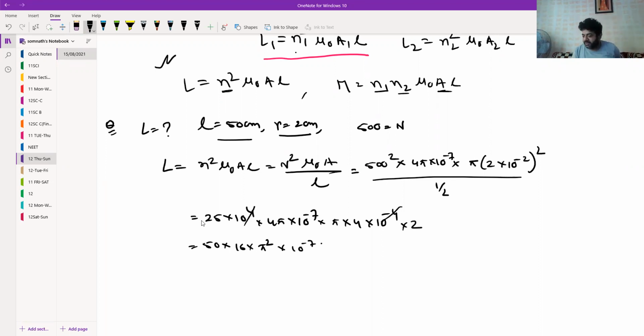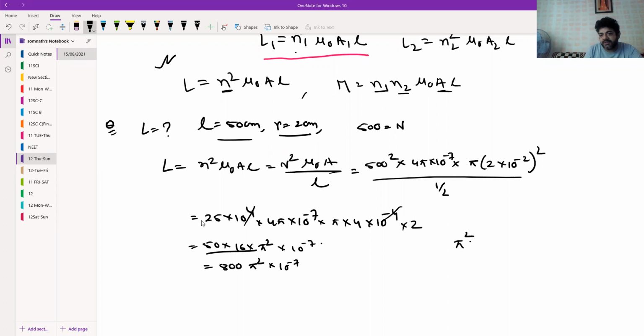Now iska dekho kya ho jayega: 25, 50, 100, 50, 50, 50, 100, 200, 400, 200, 400, 600, 800. So this one is 800 pi square into 10 to the power minus 7.